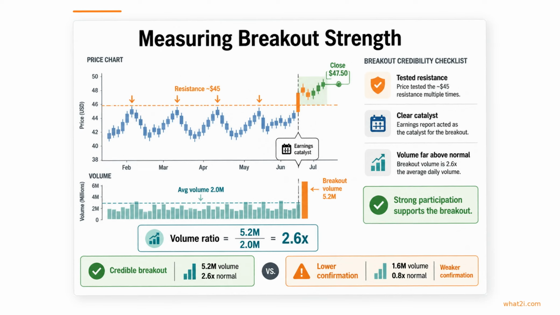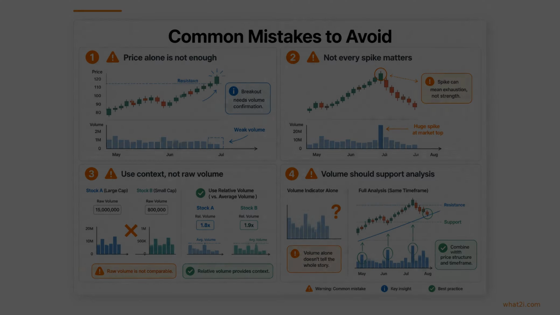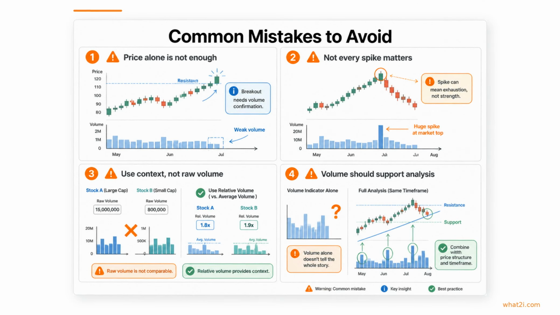It does not guarantee the move will continue, but it makes the breakout more credible than one that happened on ordinary or weak volume. A common mistake is focusing on the price breakout while ignoring whether volume confirms it. Another is assuming every big volume spike is bullish or bearish by itself, when sometimes it simply reflects exhaustion or reaction to news.